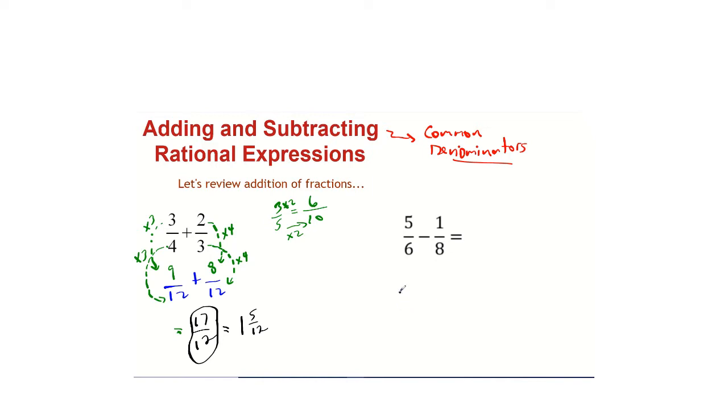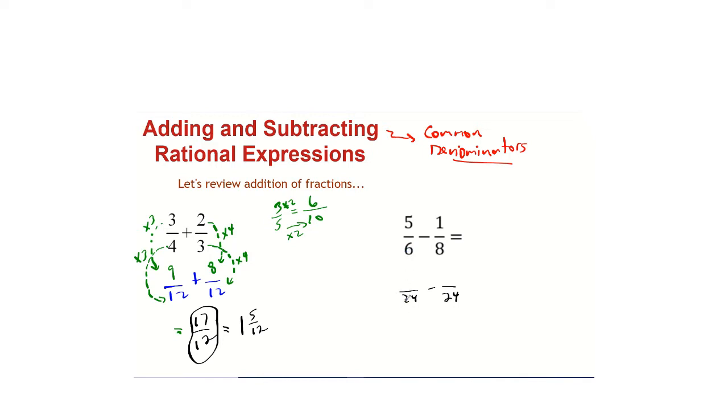So I'm going to put this over 24. So a really bad habit students get into with fractions is always just multiplying these two together and making it the denominator. It works to get a common denominator. It can always get you the right answer. The problem is it leads to you having to reduce. I'm going to show you what I mean by that in a second. Reduce your answer, which can be a challenge in the end.